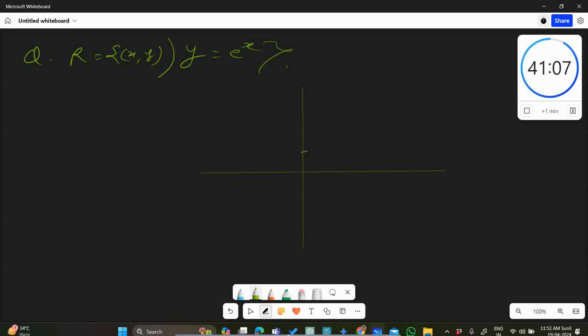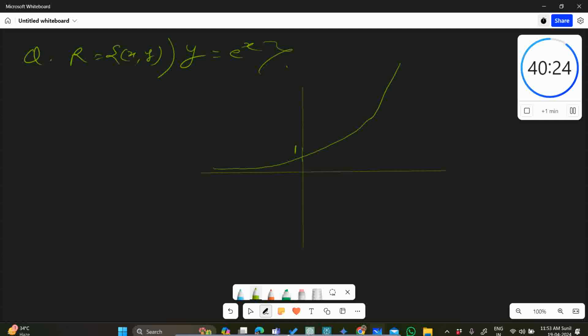This is 1. This is an exponential graph.